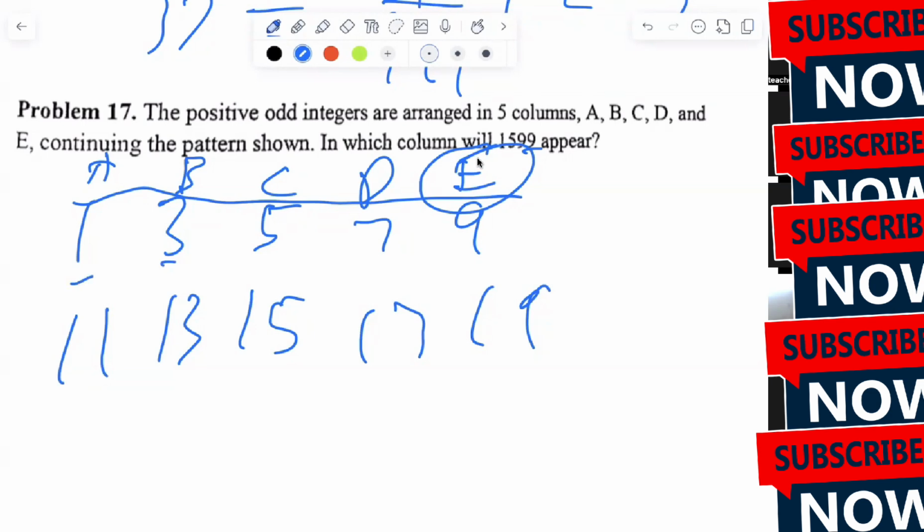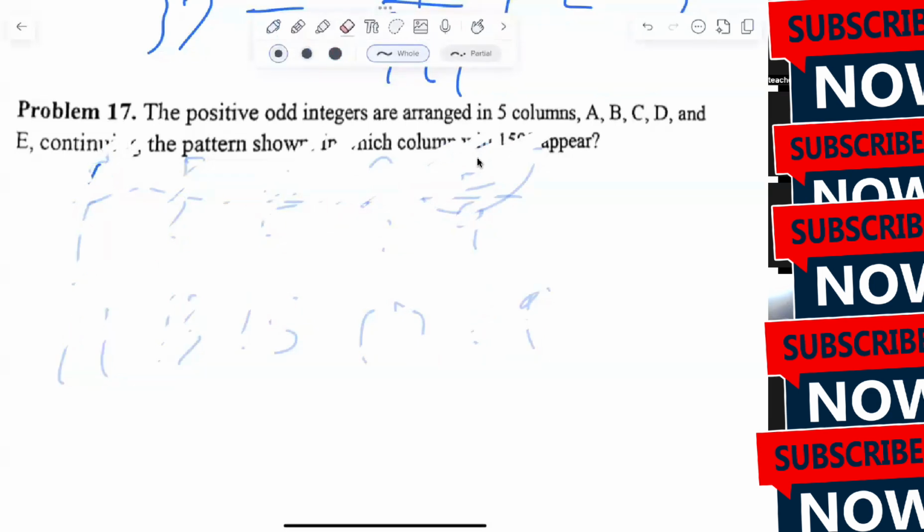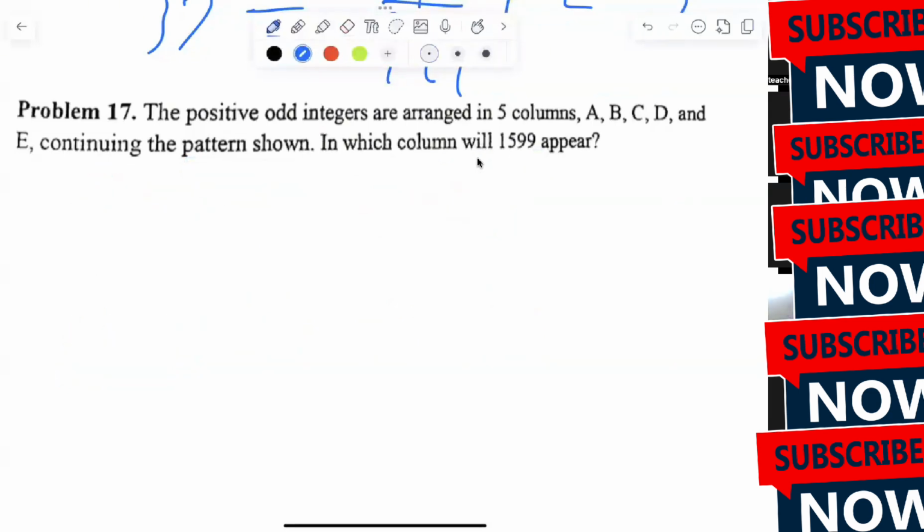Positive odd integers in 5 columns. Oh, the columns are not given, so sorry for a second. Seems like the columns were not given. I didn't see the diagram, so I got the answer wrong. So it's good to see the diagram. You can learn from mistakes.